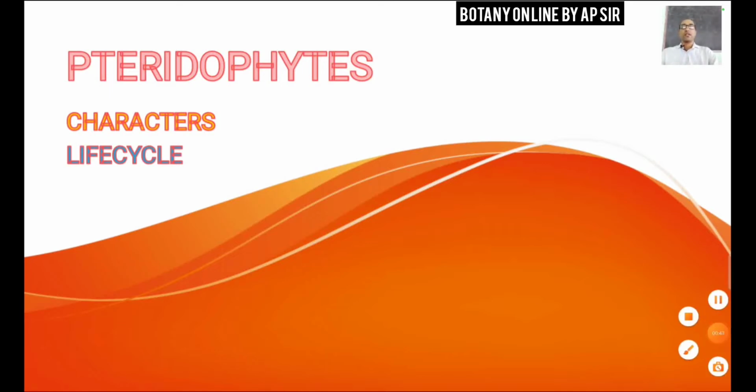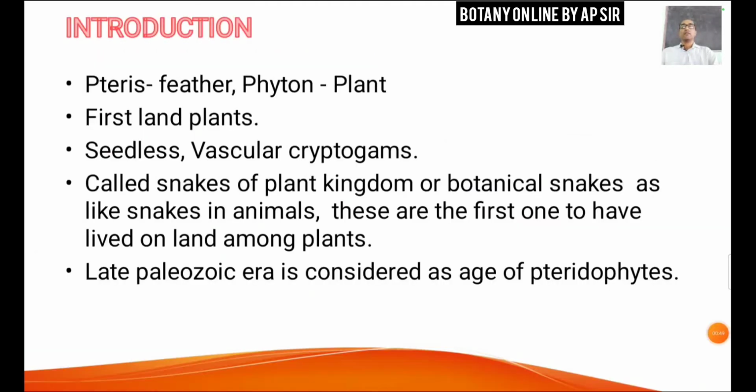As far as pteridophytes are concerned, the term pteridophyte has been derived from two words, pteris, that is feather, and phyton, meaning plant. Okay, two words, pteris and phyton, they make up the pteridophyte. Feather, that is, and plant. So a plant having feather-like leaves, that is a pteridophyte. So these are the first land plants.